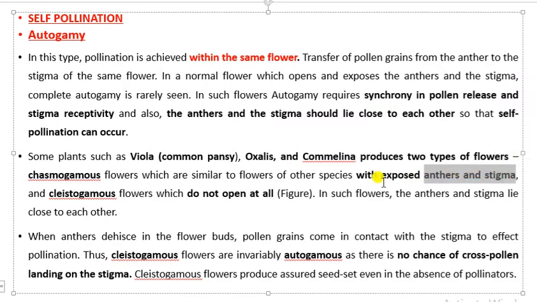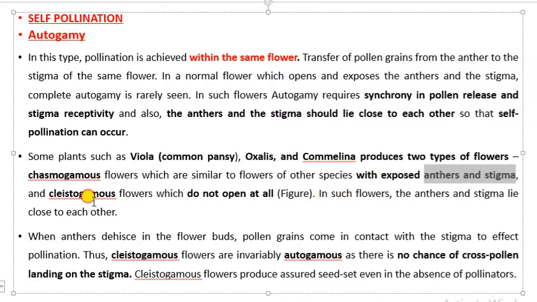So whenever the anthers and the stigma are exposed, there are chances that cross-pollination takes place because the pollen grains of the anther are subjected to pollinate some other flower, while the stigma may come in contact with the pollen of another flower.